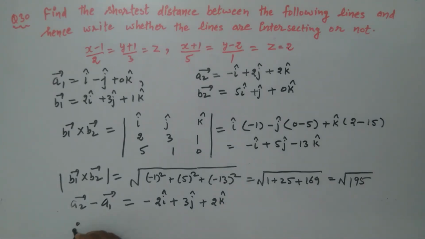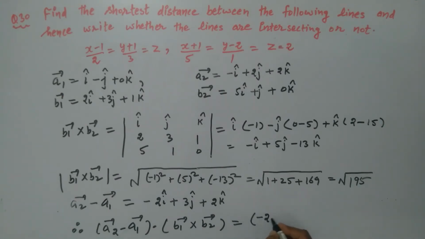Therefore, a2 minus a1 dot product b1 cross b2: a2 minus a1 is minus 2i plus 3j plus 2k, dot b1 cross b2, which is minus i plus 5j minus 13k.